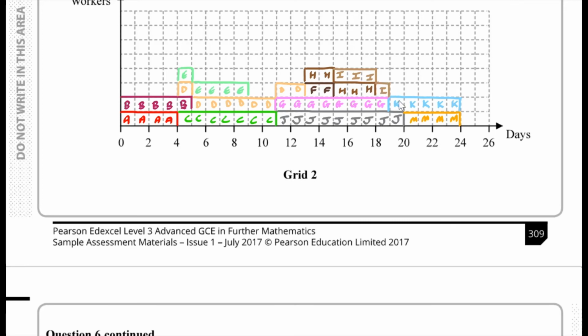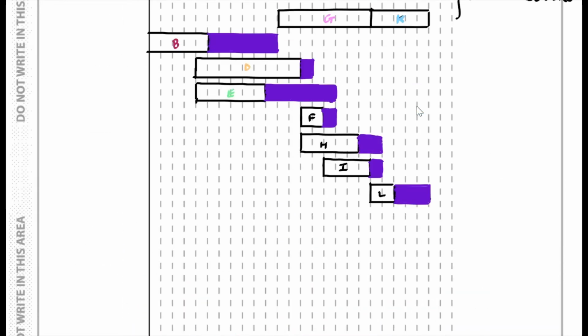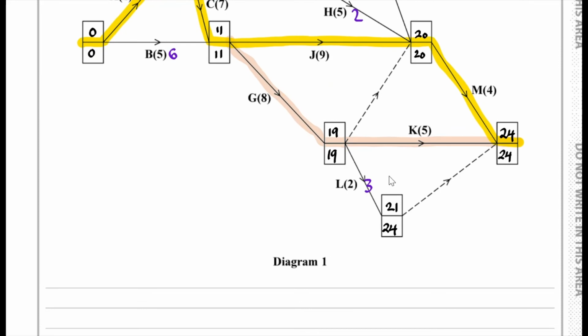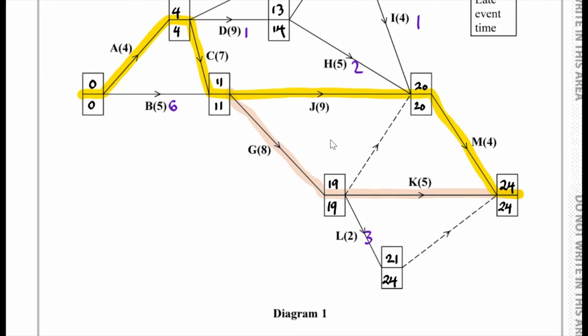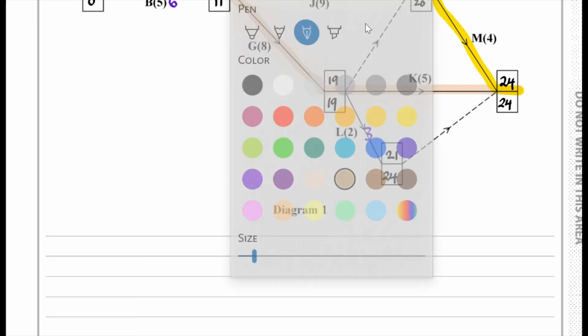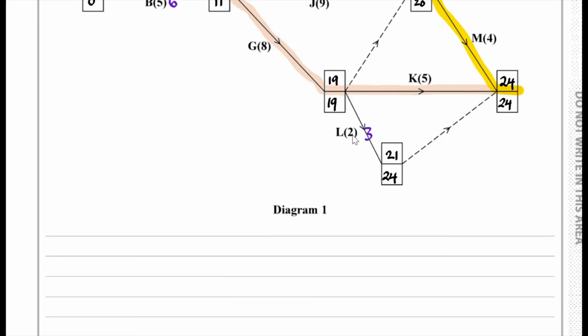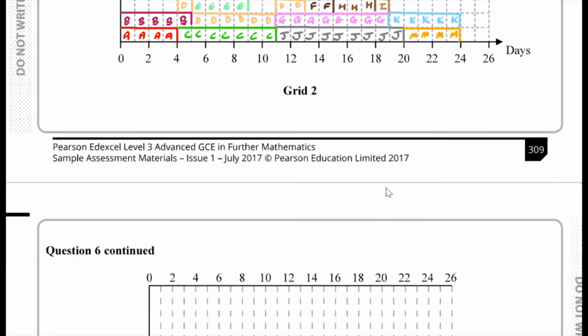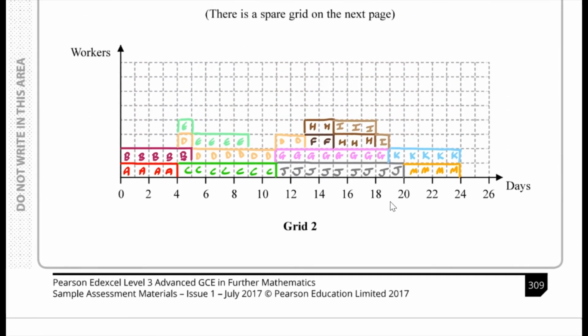So we have H, I, J, K, and then we have L left over, and L starts at 19 once G is complete. So that has a duration of 2. So we have L over here, which starts here.